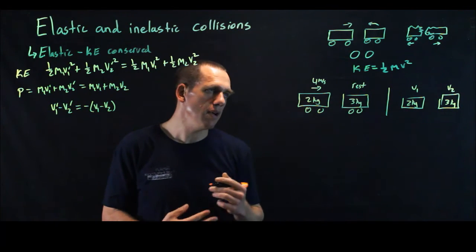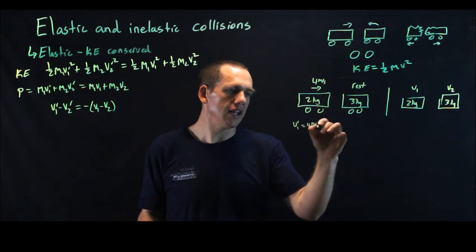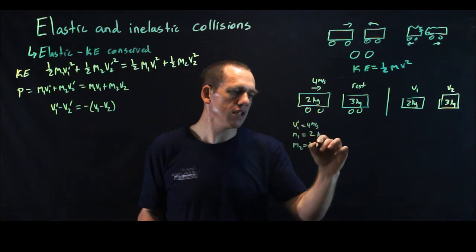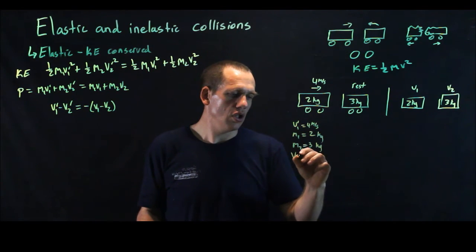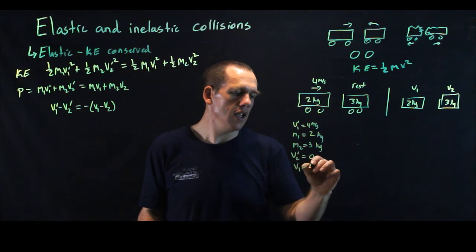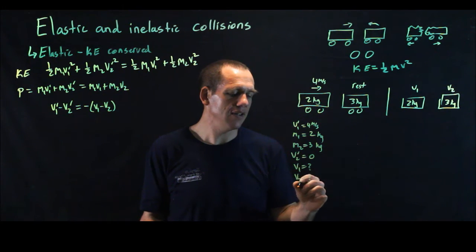Right? So if I was listing my known information, I have V1 prime equals 4 meters per second, M1 equals 2, M2 equals 3, these are both in kilograms, V2 prime is 0, and I want V1 and I want V2.